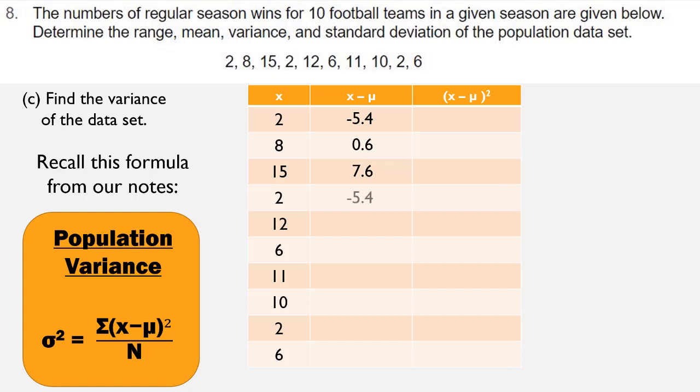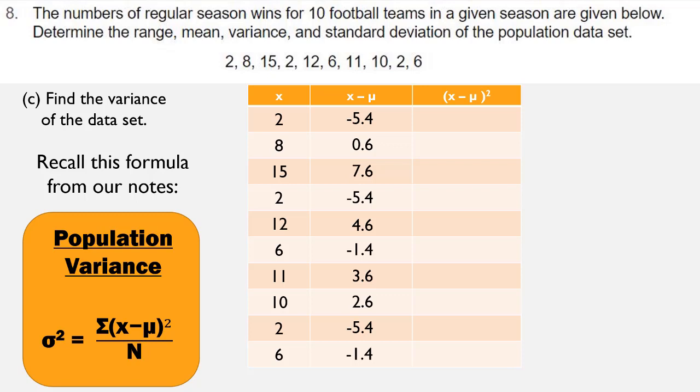For 2, we get negative 5.4. For 12, we get 4.6. For 6, we get negative 1.4. For 11, we get 3.6. For 10, we get 2.6. For 2, we get negative 5.4. And for 6, we get negative 1.4. So those are the x minus mu values.